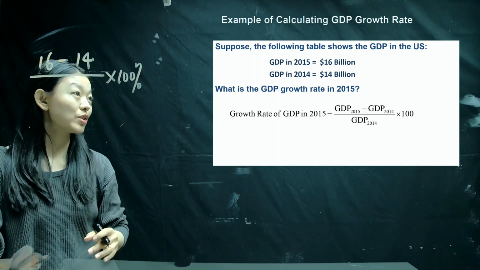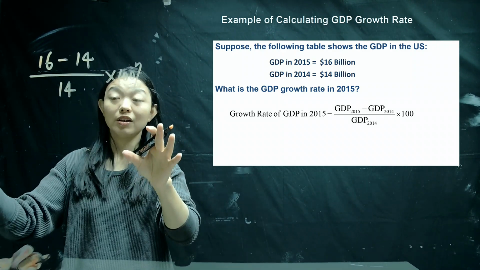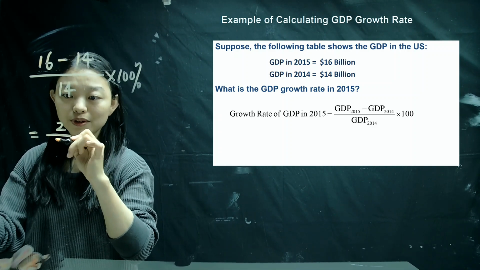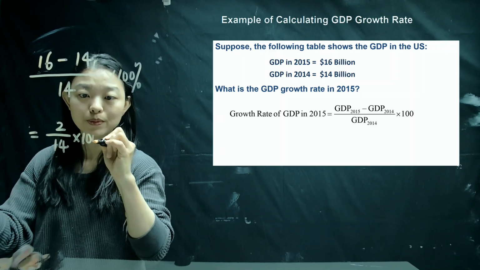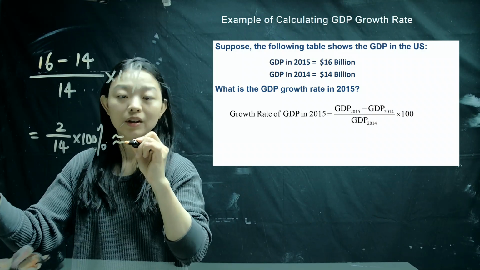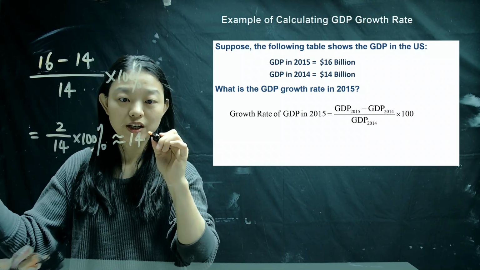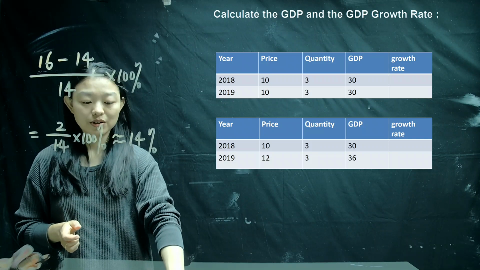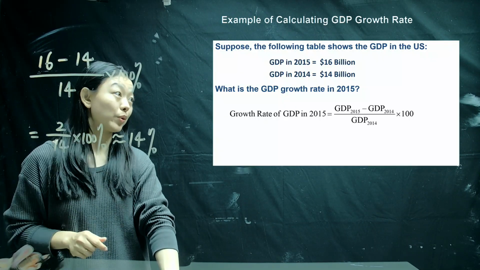This gives us 2 over 14 times 100%. Using a calculator, it is nearly 14%. So this is the way we get a GDP growth rate.